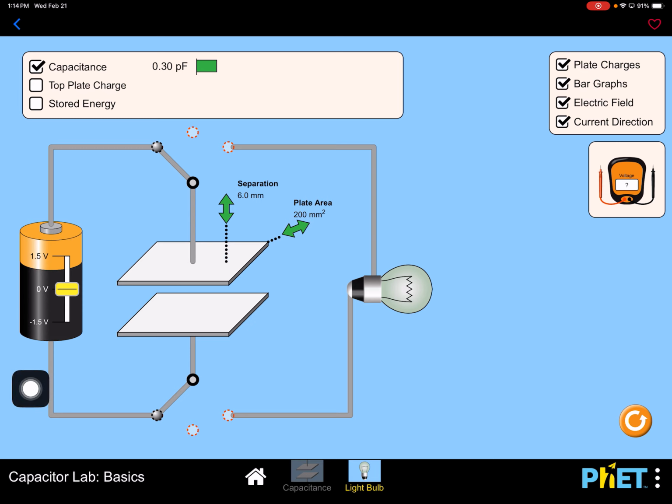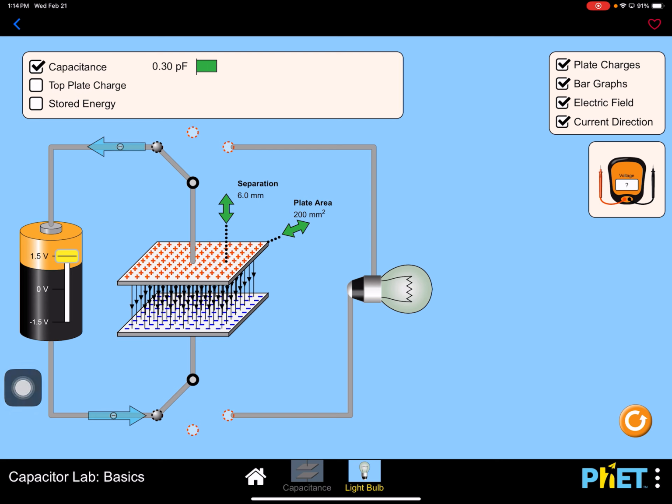So now I'm going to charge it again. Now I have charged the capacitor, meaning I've stored energy in the capacitor. So what did I do? I just transferred energy from here to there. Why did I do that?